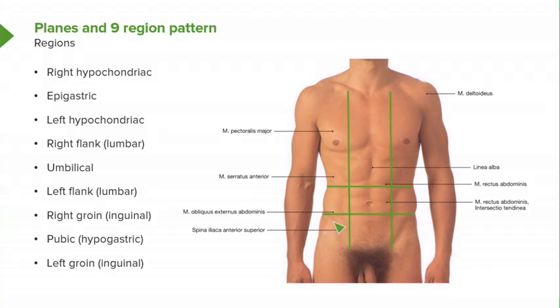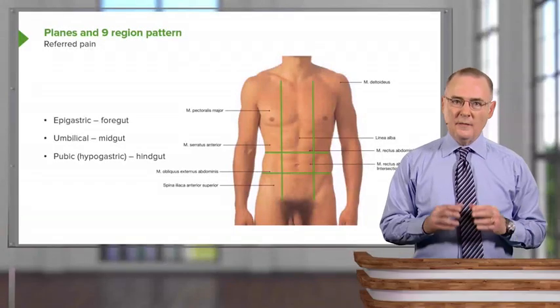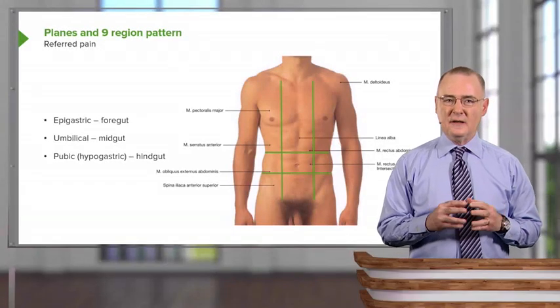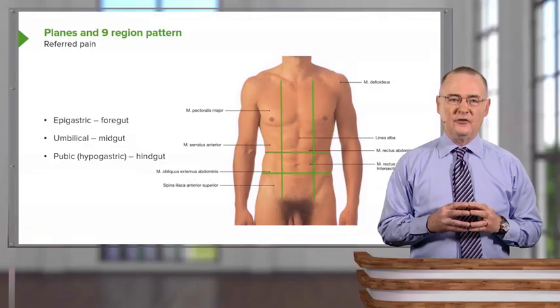This would be the right groin or right inguinal region. This is the pubic or hypogastric region. And then we have the opposite left groin or left inguinal region. This 9-region pattern is useful in understanding referred pain.